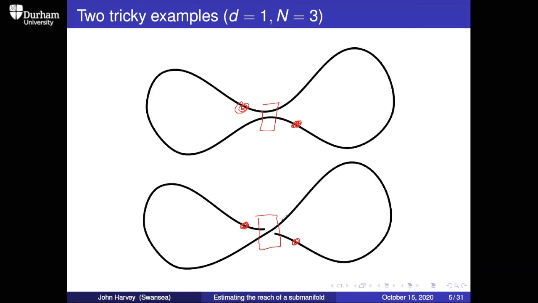Or here, the over crossing part and the under crossing part are close to each other, you see. So these are bottlenecks. They will cause difficulty.